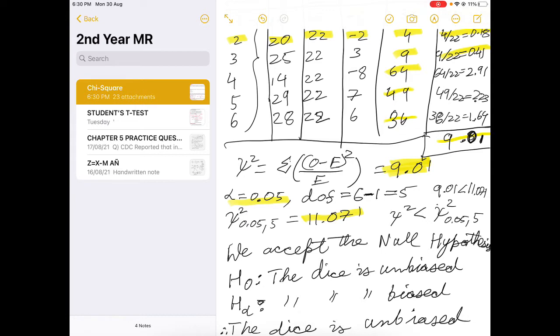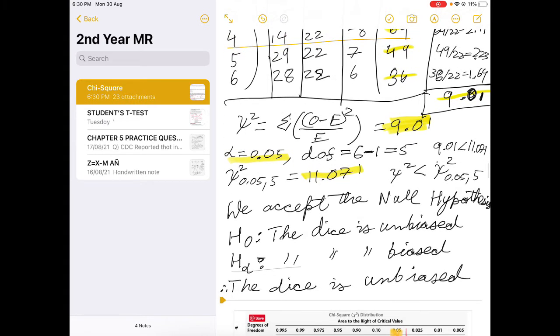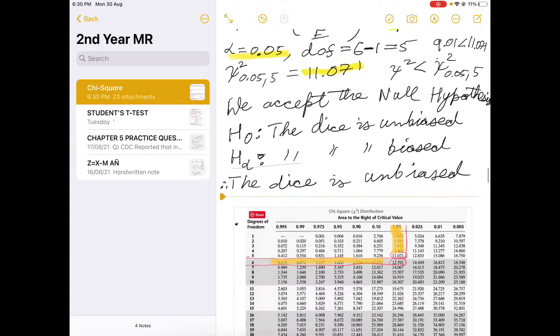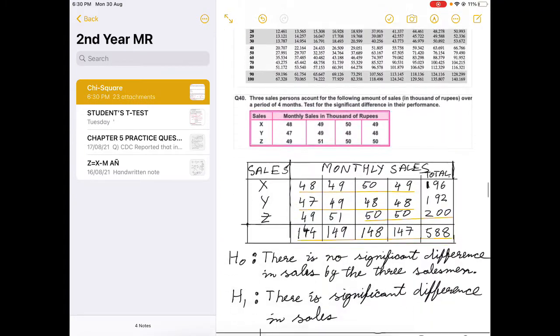Because the calculated statistic, 9.01, is less than the chi-square critical value at 0.05 with 5 degrees of freedom, we accept the null hypothesis. If the calculated chi-square value had been greater, we would have rejected it, but here we do not. We accept the null hypothesis that the dice is unbiased, and we reject the alternative hypothesis that the dice is biased. Let's take a look at the other type of problem which comes here.